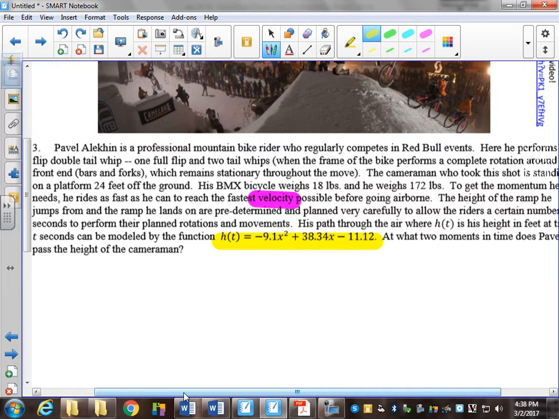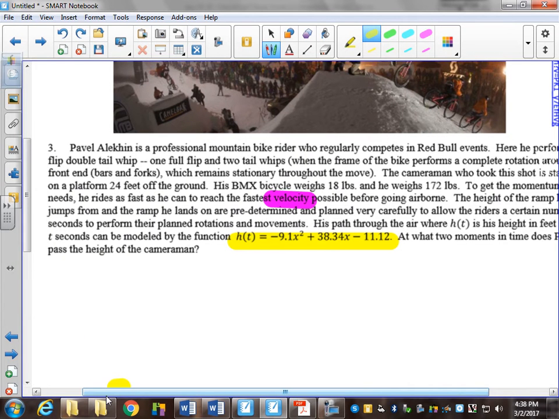The question says, at what 2 moments in time does Pavel pass the height of the cameraman? So let's go back into the problem and figure out what the height of the cameraman is. The cameraman who took this shot is standing on a platform 24 feet off the ground. So that is our h of t. And we're given our model.